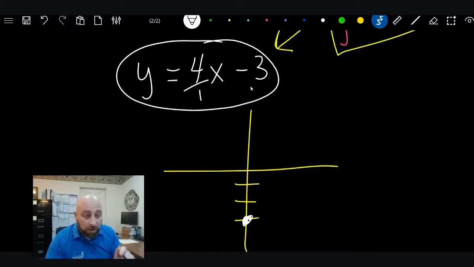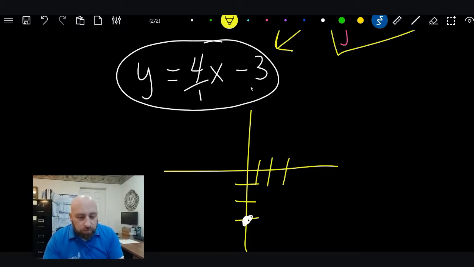We have to run that one time. So let's go over here like this, and we're going to run 1, and then go up 1, 2, 3, 4, because that's our y. And then I should put one here like this.